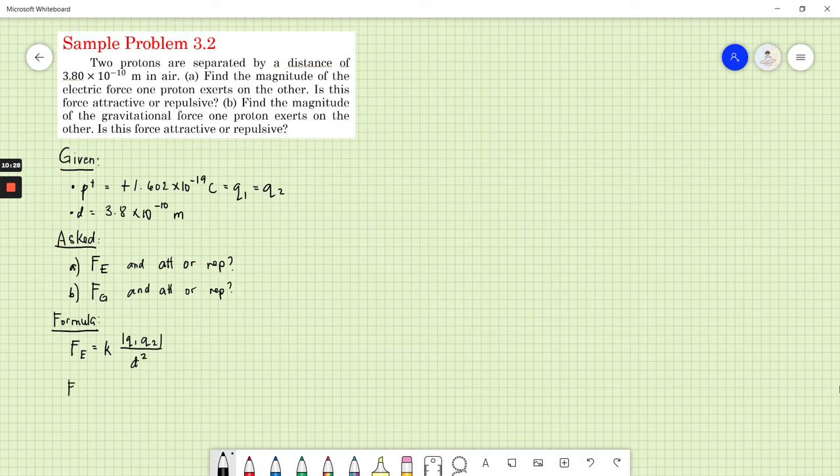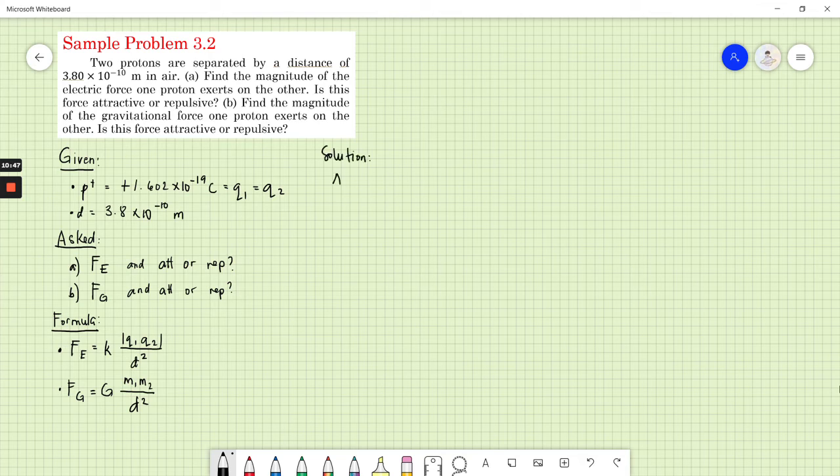Next, we know that for Fg, the gravitational force is equal to G multiplied by mass 1, mass 2 divided by d squared. Okay, so let's head to the solution.